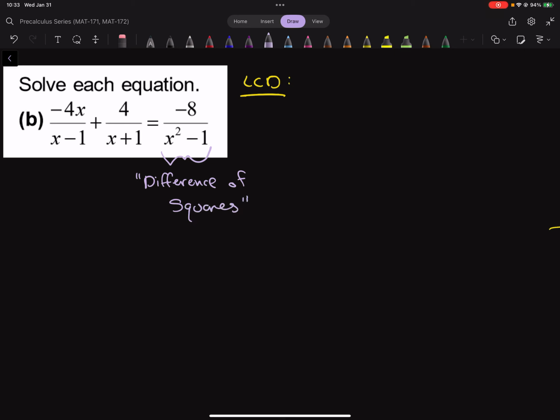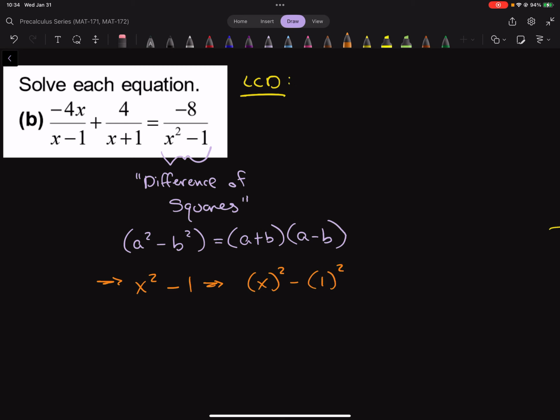Difference of squares basically says if I have a squared minus b squared, that's going to be equal to a plus b times a minus b. If you look at the actual problem, we have x squared minus 1. These can be expressed as x squared minus 1 squared, which would look just like a squared minus b squared. Based on the identity, this should equal x plus 1 times x minus 1.